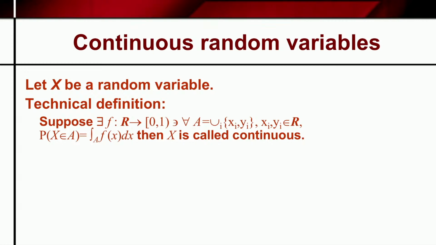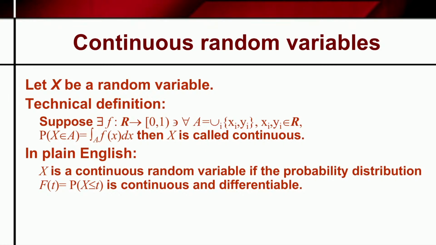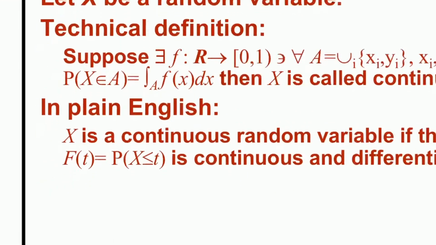So suppose there exists a function that maps the reals onto the interval from 0 to 1, such that for every set of numbers or number pairs that are real numbers, the probability that x is in that set is an integral over that set of the function. Then that's continuous. So in plain English, the basic rule is you want a continuous random variable to have what's called a probability density function that is continuous and differentiable. So this here is a probability distribution function right there.